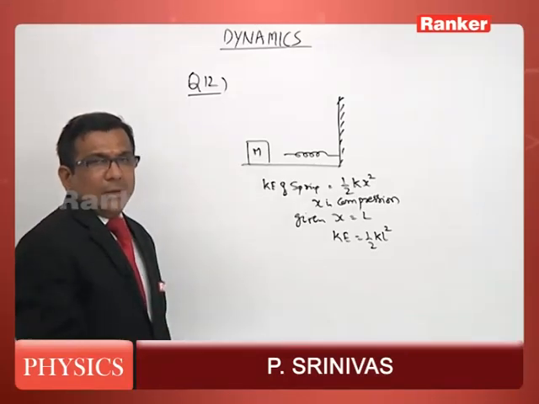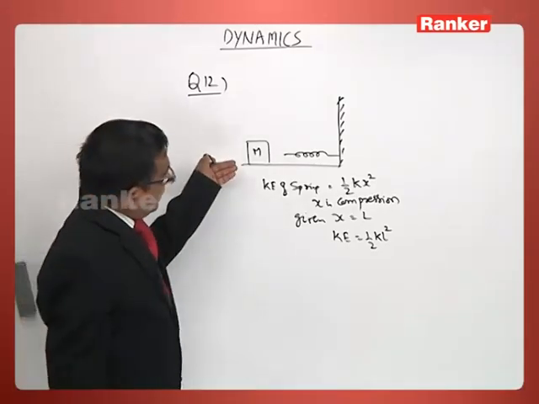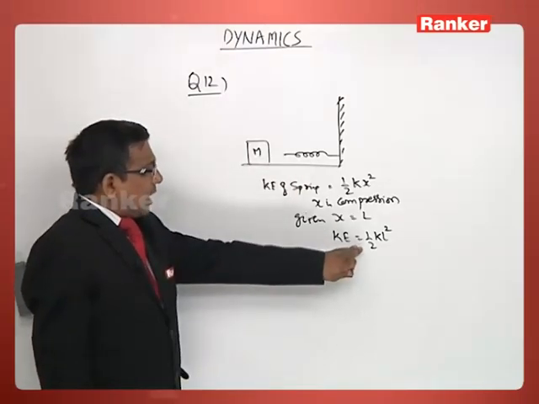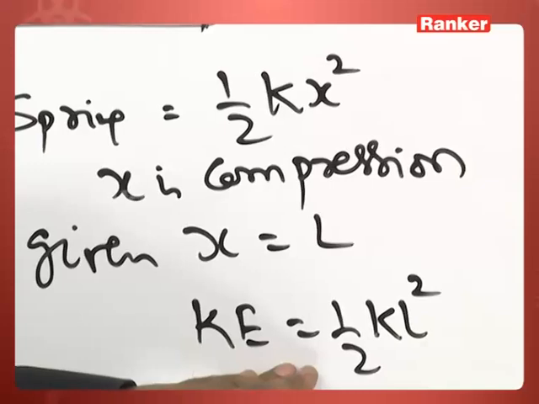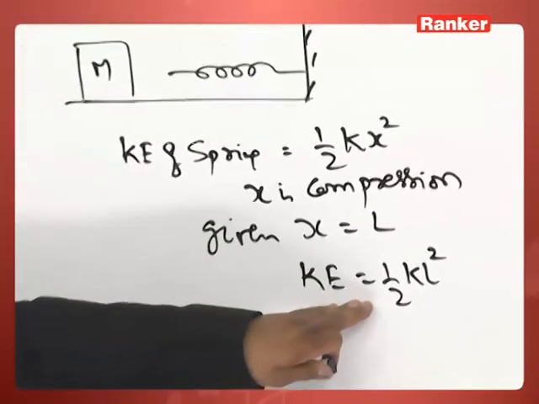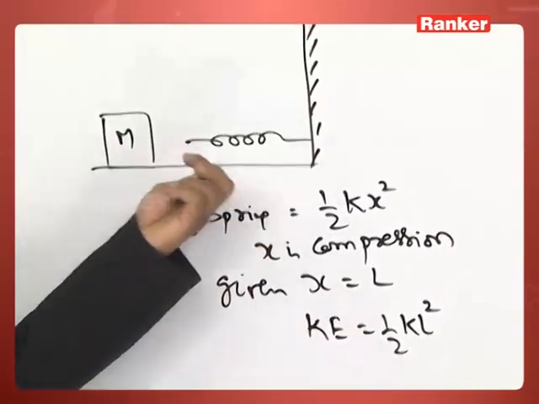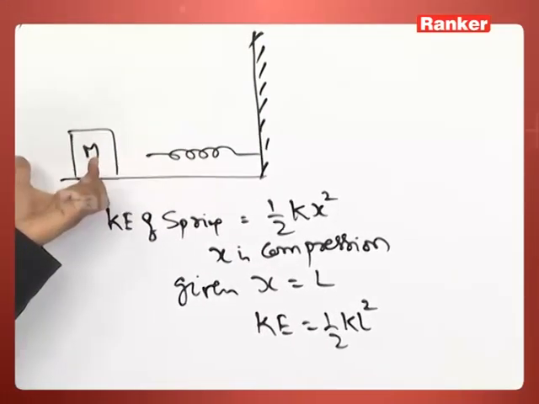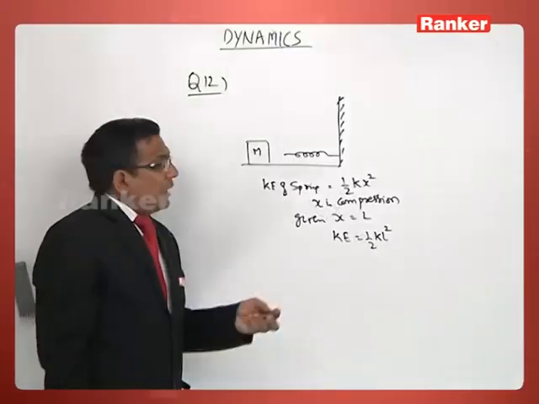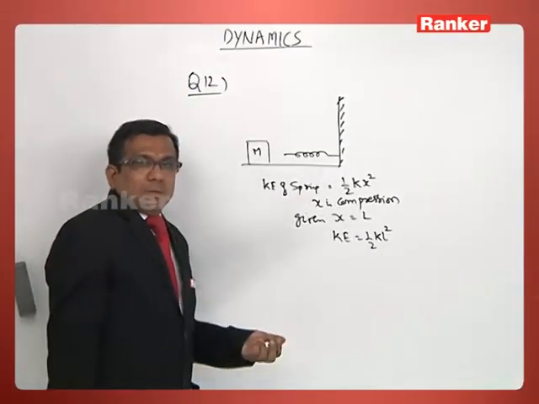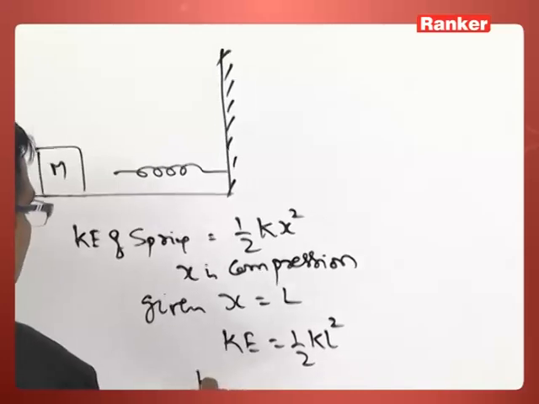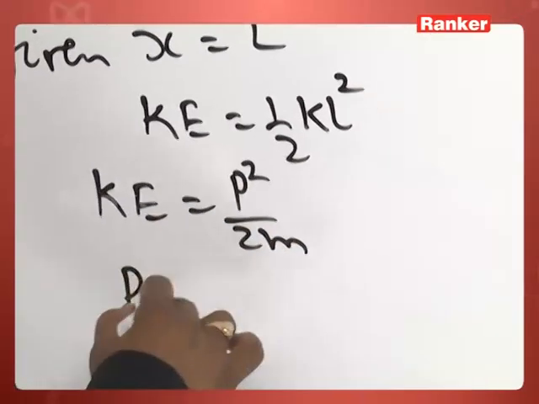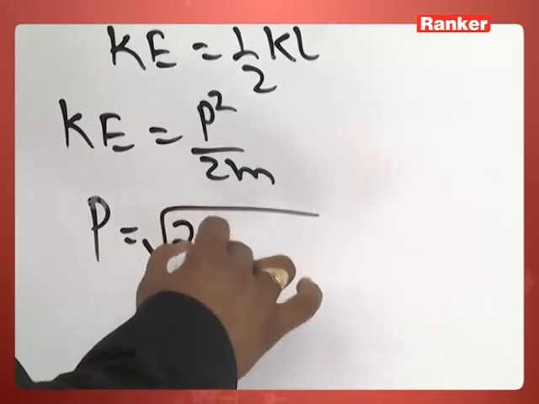After collision with the spring, the kinetic energy is this much, half k L square, but you want to calculate the maximum momentum of the block after collision. Then the spring gets released and pushes the block backwards, and thereby it acquires some velocity and will have momentum. As you know, kinetic energy K is equal to P square by 2m, so P will become root 2m KE.